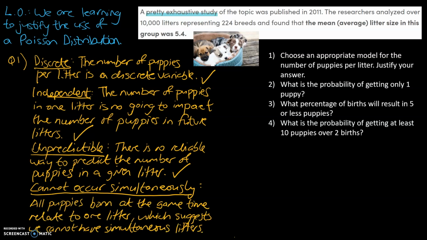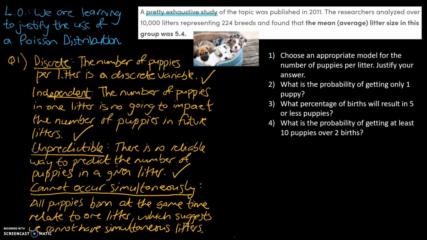What I've written is that all puppies born at the same time relate to 1 litter, which suggests we cannot have simultaneous litters. That refers to one mother dog: all the puppies born at that particular birth relate to the same litter. We can't have simultaneous litters from that dog.